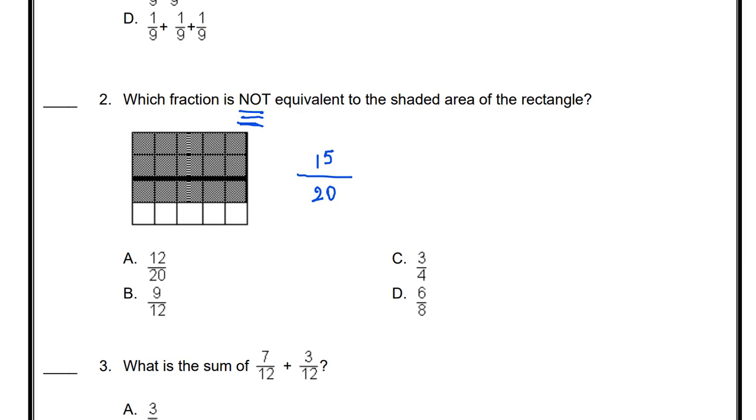We see that this is the denominator 20 also, and the numerator is different. So is this one equivalent to 15 over 20? Of course, no. So this one is the one which is not equivalent to 15 over 20. Okay, thank you, my hero.